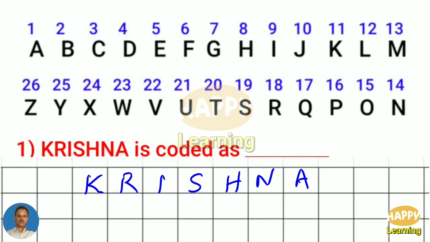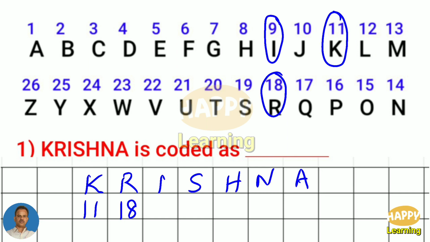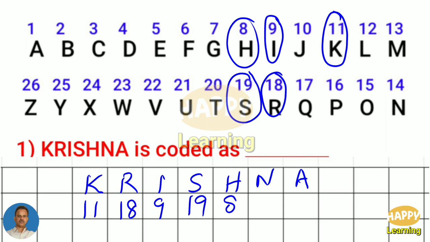K is coded as 11. So write 11 here. Then R is coded as 18. Then write 18 here. I is coded as 9. Write 9 here. S is coded as 19. So write 19 here. H is coded as 8. So write 8 here.